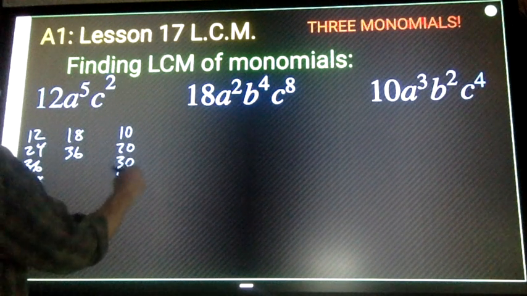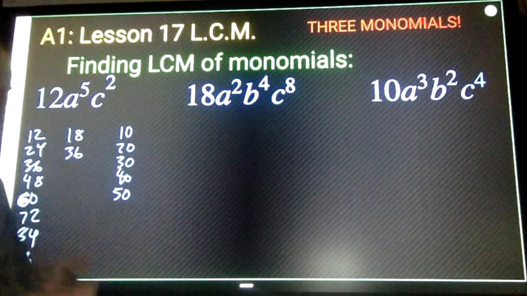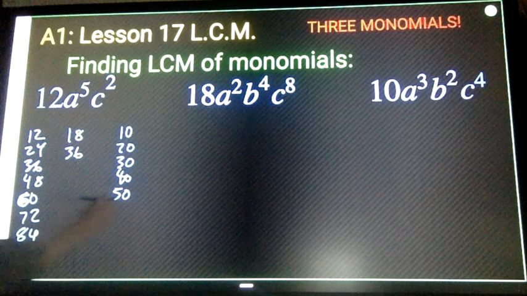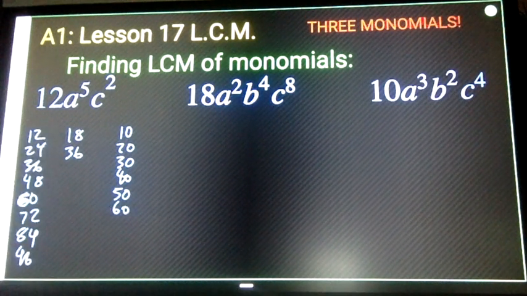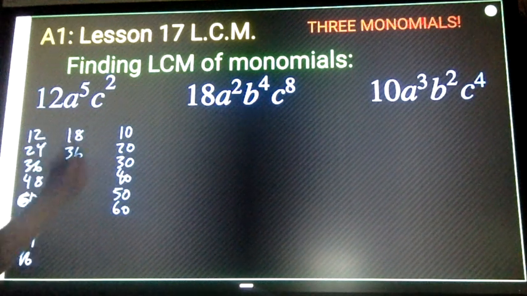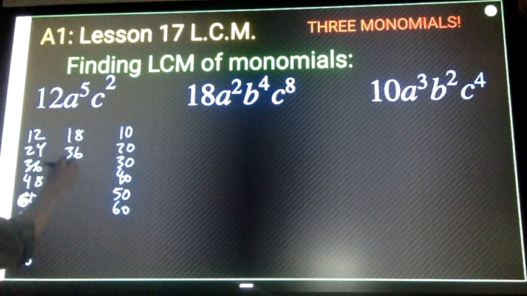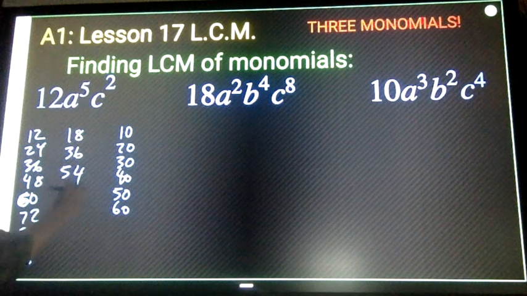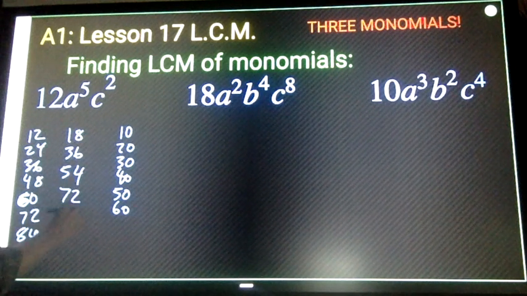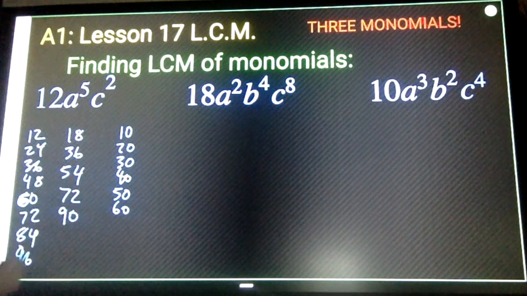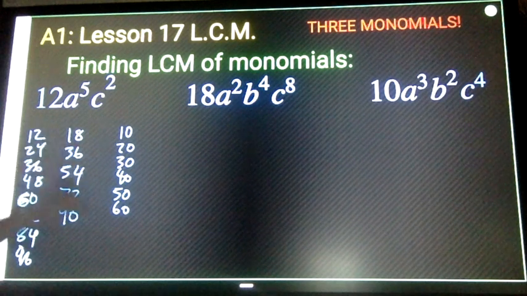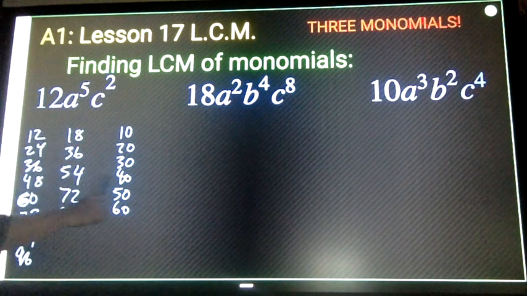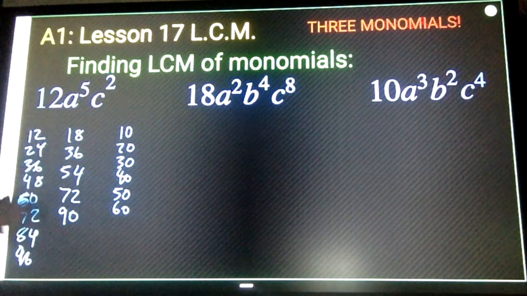The answer is no. So 60 is shared by both of these ones. Does 18 share it? The answer is going to be, again, no, unfortunately. 36, 54, 72, 90. All right, so I'm going to need to get farther in my 12 times table, as well as my other ones. 90 will be shared by 10 and 18. So this one is going to take a while.